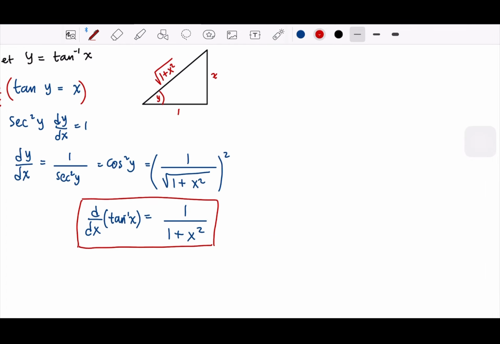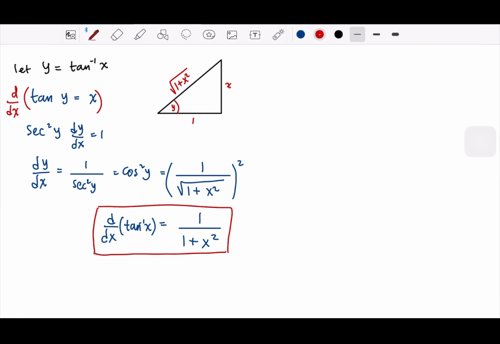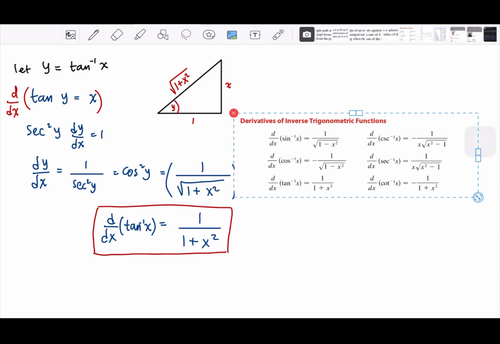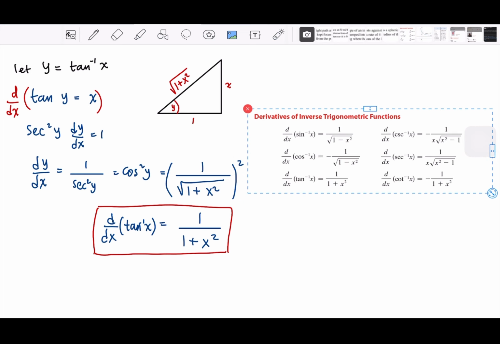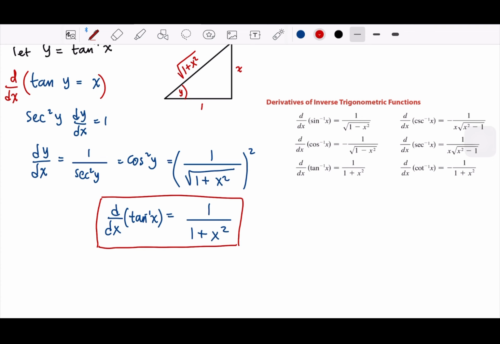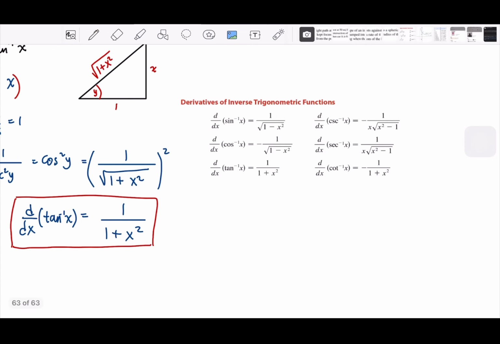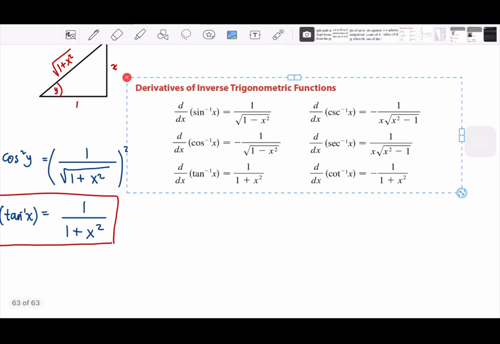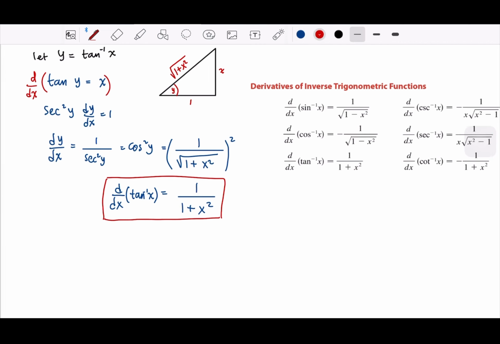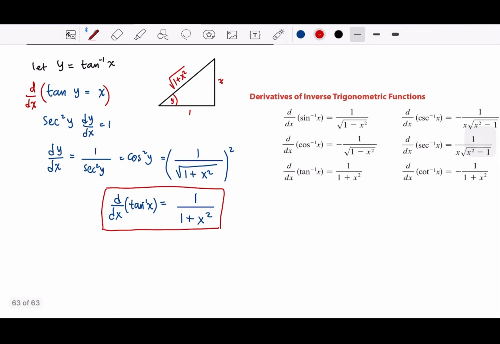Okay. Now let me summarize everything for the inverse. My suggestion is that you take some formulations, like the tangent inverse, which is very popular and frequently shows up.